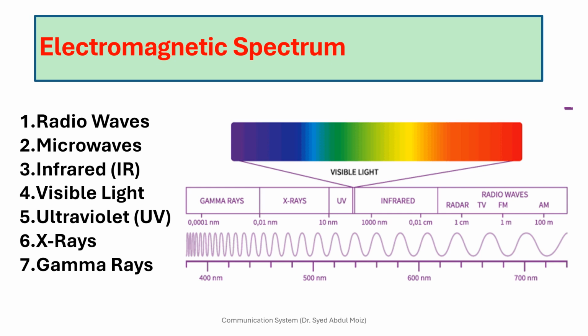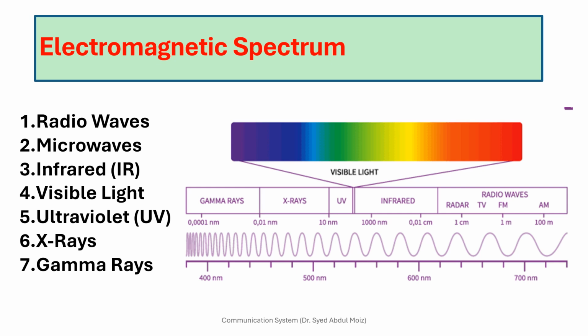Its wavelength ranges from 700 nanometers to 1 millimeter, with a frequency from 300 gigahertz to 430 terahertz. Infrared waves power remote controls, night vision devices, and thermal imaging cameras. They are used very successfully for such devices.